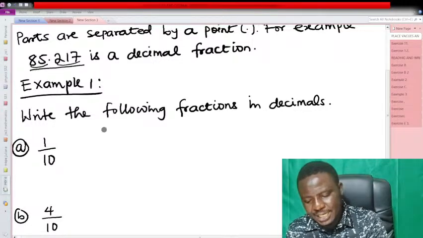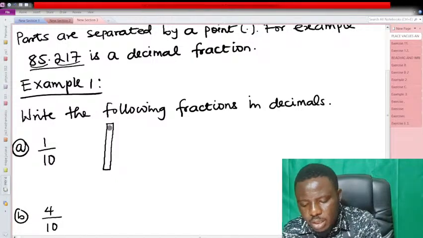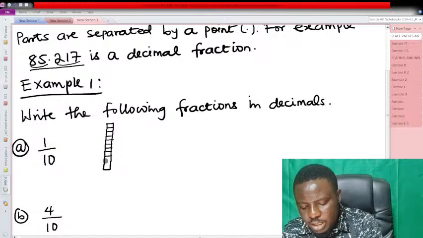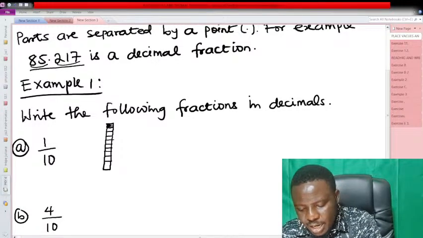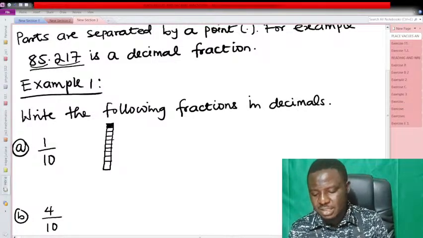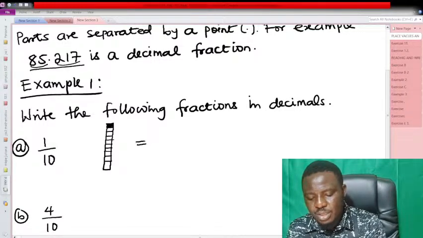When you refer to 1 divided by 10, let's take this to be a rectangle divided into 10 equal parts. 2, 3, 4, 5, 6, 7, 8, 9. Let's just assume this is equally divided and this part is shaded. So we refer to it as 1 divided by 10.